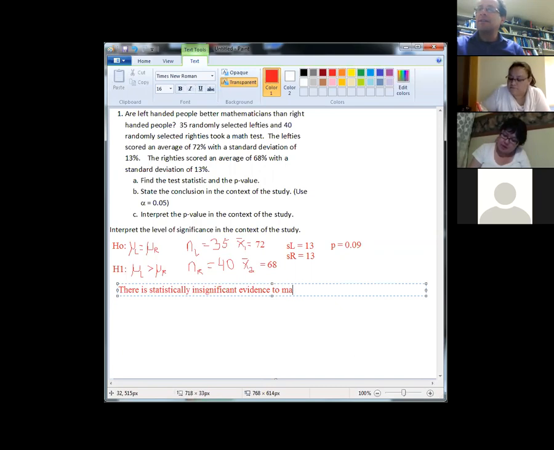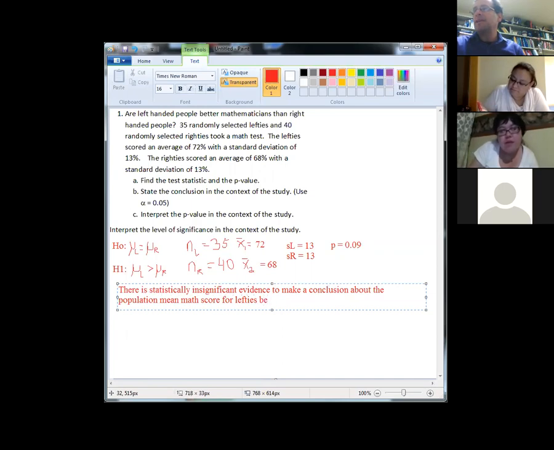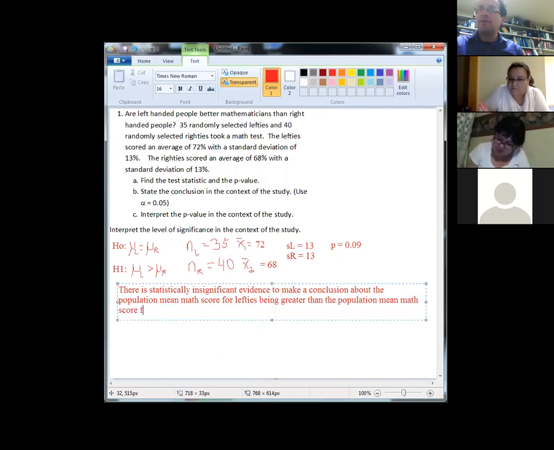There is not sufficient evidence to make a conclusion about the population mean math score for lefties being greater than the population mean math score for righties.